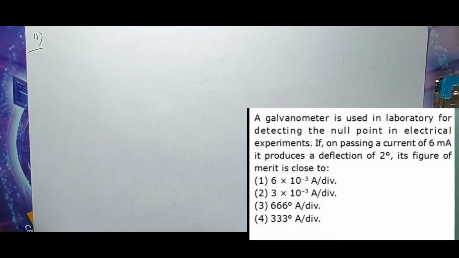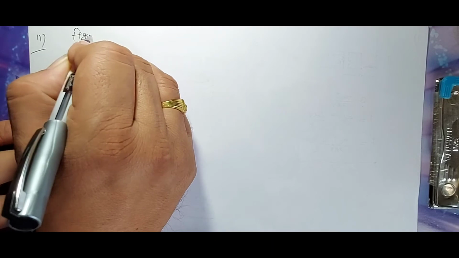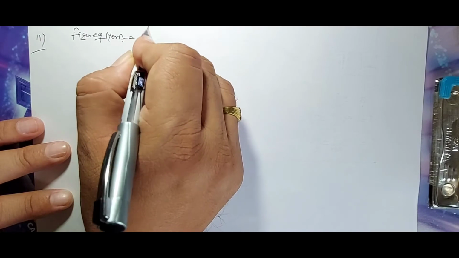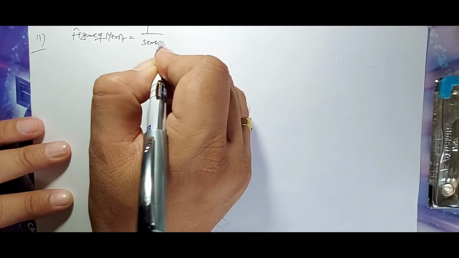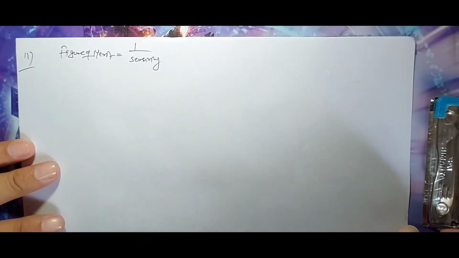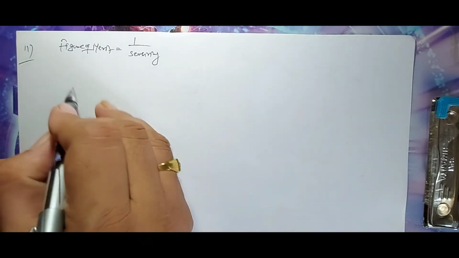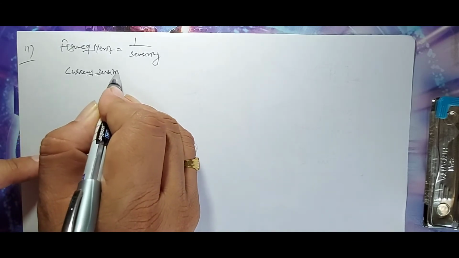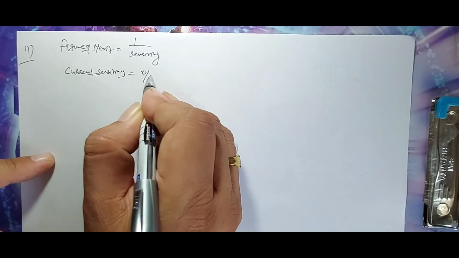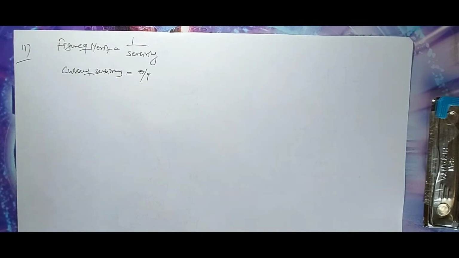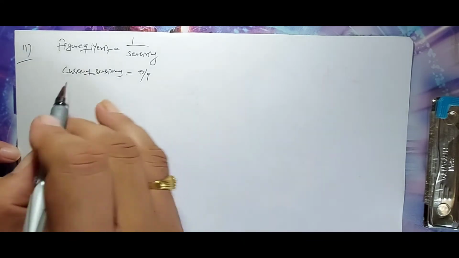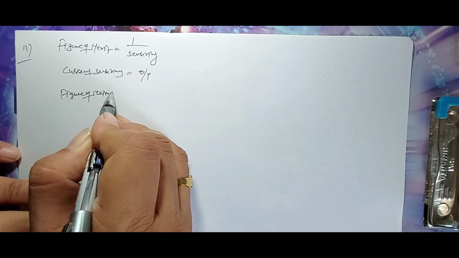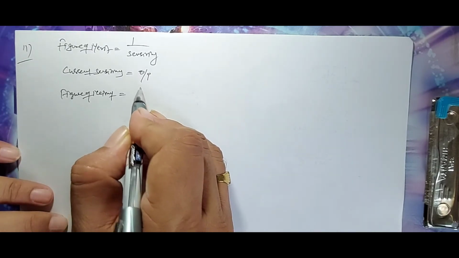Figure of merit in a galvanometer is the reciprocal of the sensitivity of a galvanometer. We know that current sensitivity is equal to theta by I. So the reciprocal, figure of merit, is equal to I by theta.